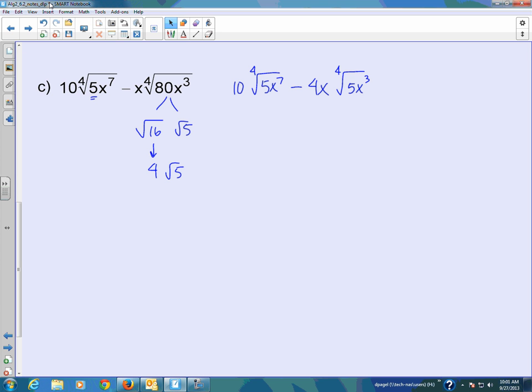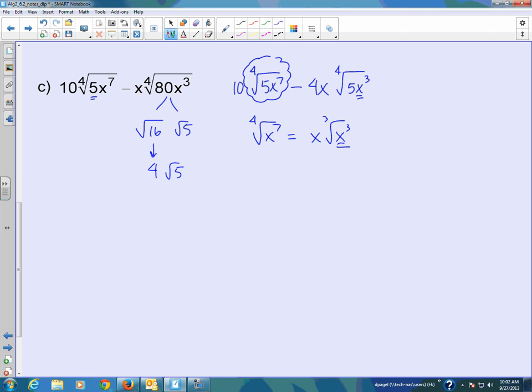But what happens here is, in this situation where I have the fourth root of an x to the seventh, let's just take a look at it kind of separately. We know that means I have one group of 4 that comes out, and then I have 3 left over. And then look at it. We end up with the same thing on the inside.